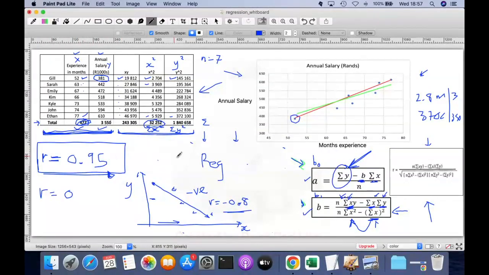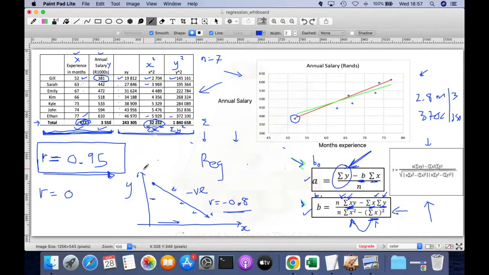Can anyone think of a real world example where if your X increases, your Y decreases? There must be something that you can think of where if your X starts to increase, your Y will decrease. Let me give you an example.